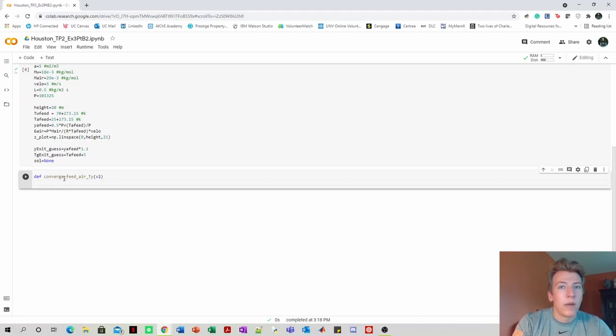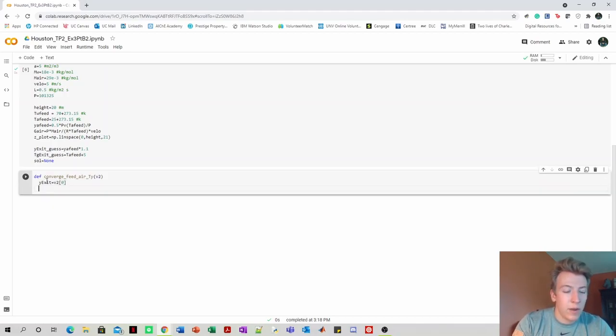Once we have that, we can now evaluate the exits like we just did up above. So Y exit is equal to that V2 bracket of 0, because 0 is the first value we want to evaluate, and then we want the TG exit for the second value, so that's at 1.